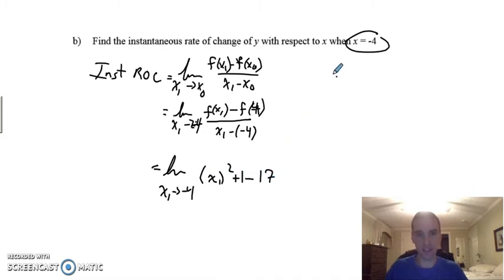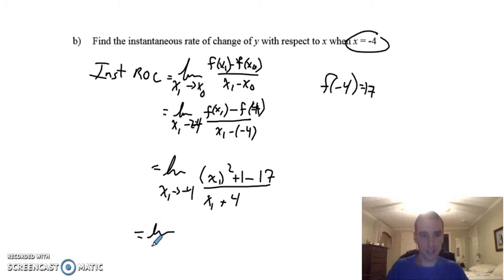That's what f of -4 is, in case you want to know. All divided by x1 plus 4. Well, why is that nice? You get x1 squared minus 16 all divided by x1 plus 4.